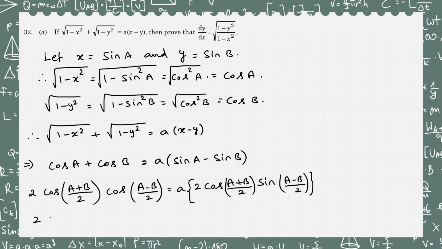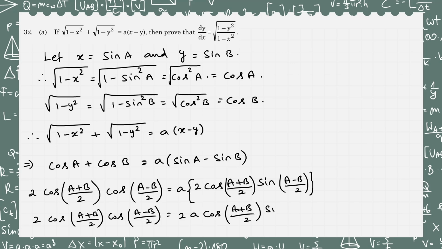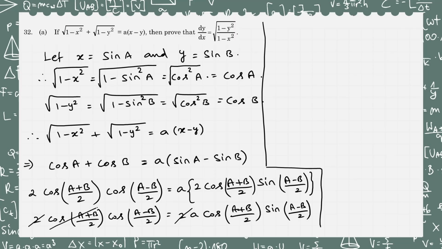Now this becomes 2 cos (A plus B)/2 into cos (A minus B)/2 equal to 2a cos (A plus B)/2 into sin (A minus B)/2. As you can see, 2 cancels on both sides and cos (A plus B)/2 cancels on both sides.